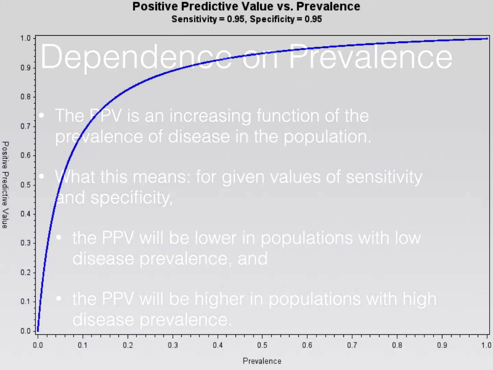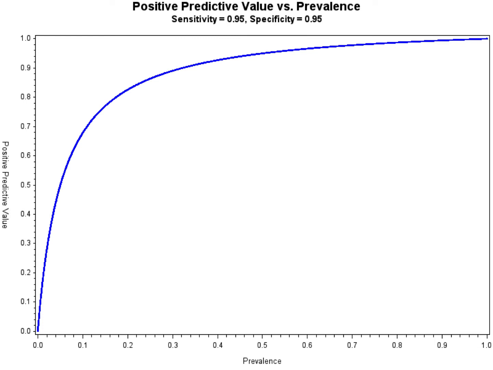Now, here's a graphical illustration of what I'm talking about. This is the positive predictive value as a function of prevalence for a particular screening test that has a sensitivity of 0.95 and also a specificity of 0.95. And so we can see here that when the prevalence is low, when the prevalence is close to zero, then the positive predictive value is also close to zero.